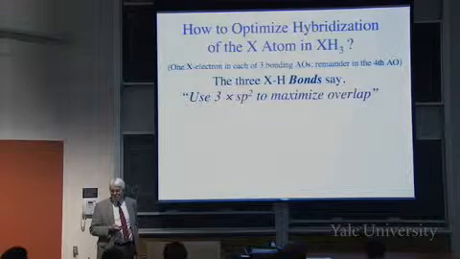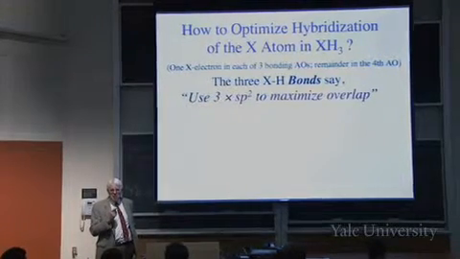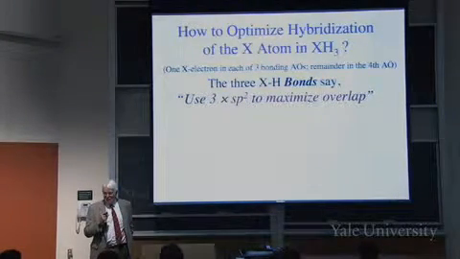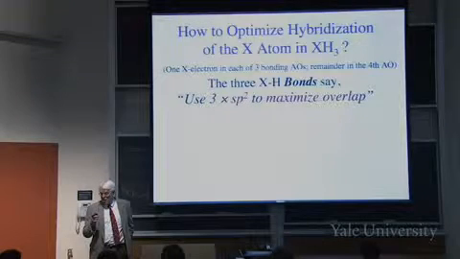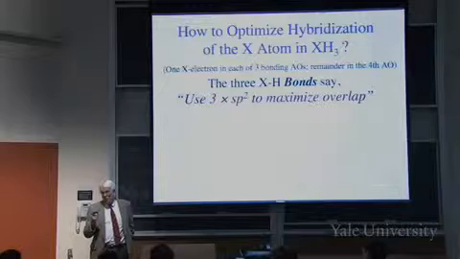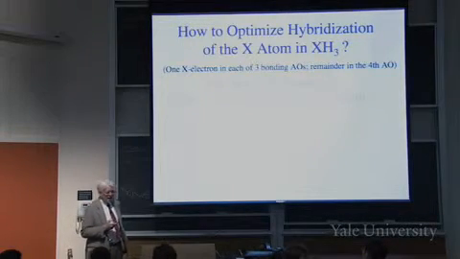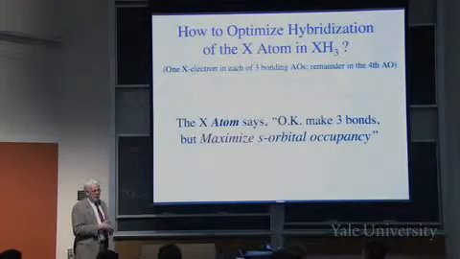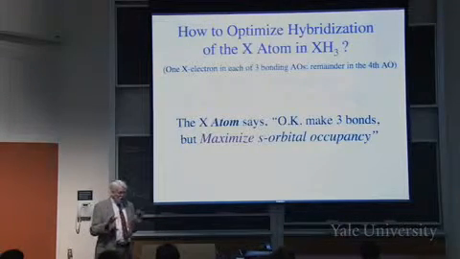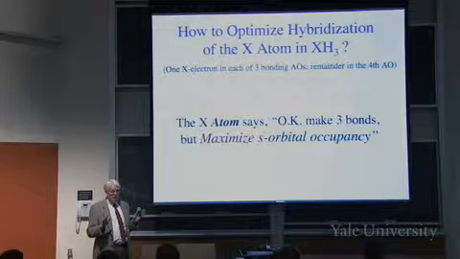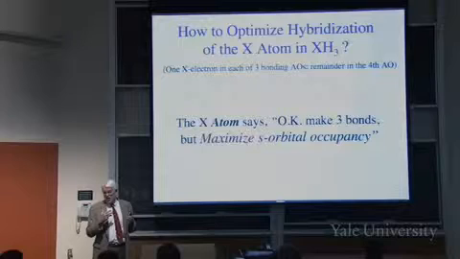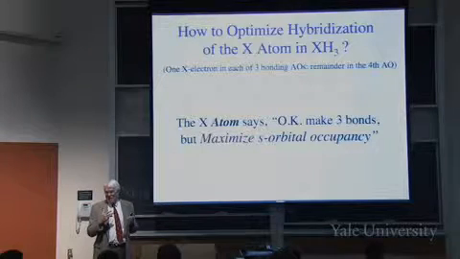Okay? But that's not the only game in town, because there's also the other electron that's on the atom, if there is another electron. Because carbon has one and nitrogen has two other electrons. So they should get a say in it too. So the X atom, which has to accommodate whatever's left over, says, okay, go ahead, make 3 bonds, but get the lowest energy for the other electron that I'm the only one responsible for, right?